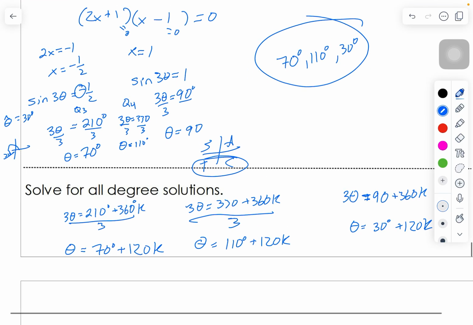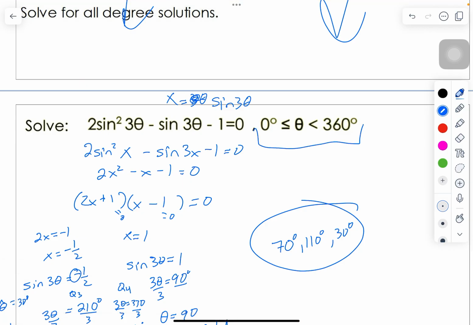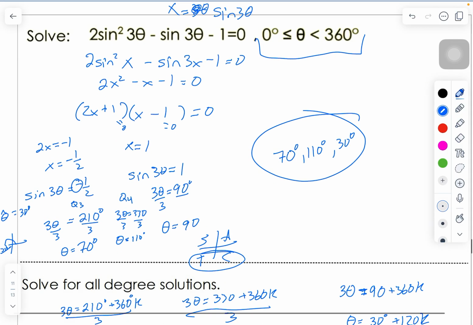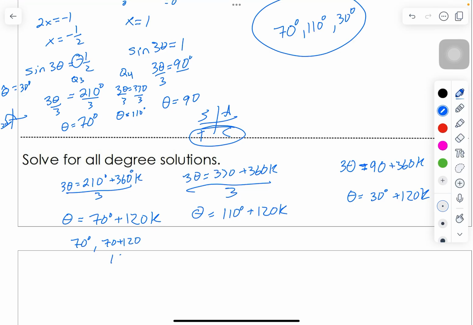If I expand this, wait a second, my general full circle is between 0 and 360. So if I go 70 plus 120, isn't 190 also within that circle? And if I add another 120, doesn't that put me at 310? So that is also within that circle.